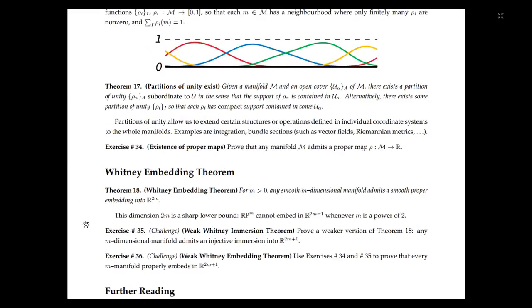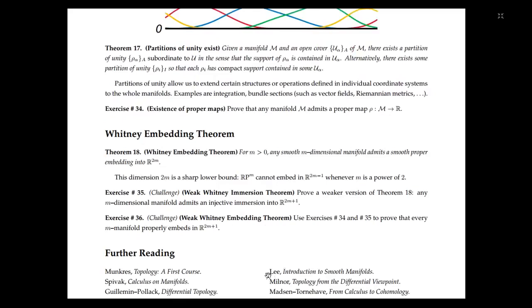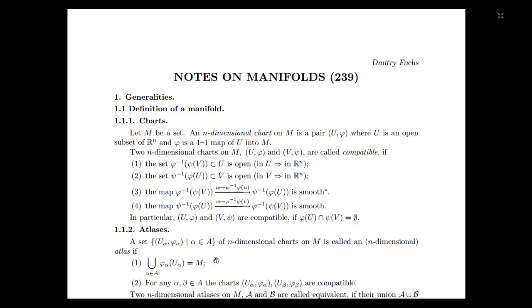So the power of geometry is really becoming obvious in AI, and we are using it a lot. For learning the subject, Introduction to Smooth Manifolds is the resource that is being taught and is the official resource. Also, these notes on manifolds by Dmitry Fuchs are also very interesting.